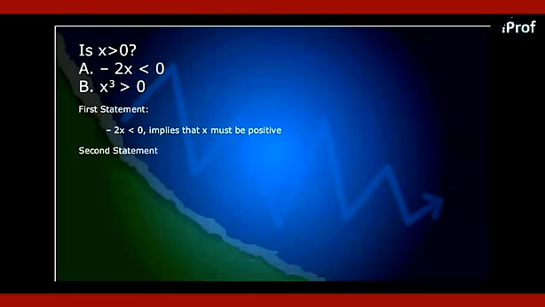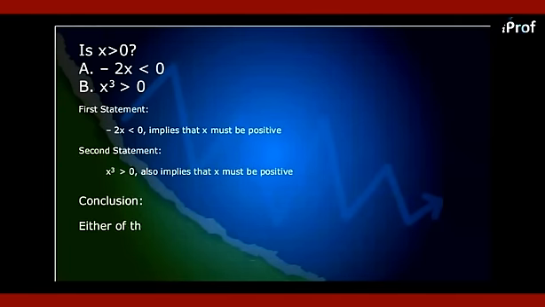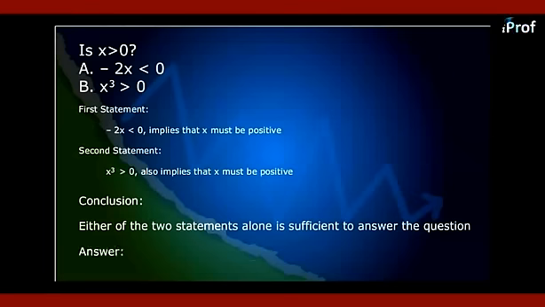And the second statement, x cube greater than 0, also implies that x must be positive. And therefore, either of the two statements alone is sufficient to answer the question. So, our answer is option 3.